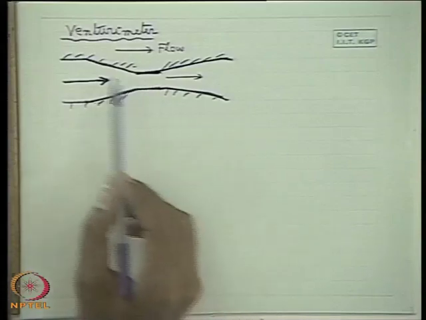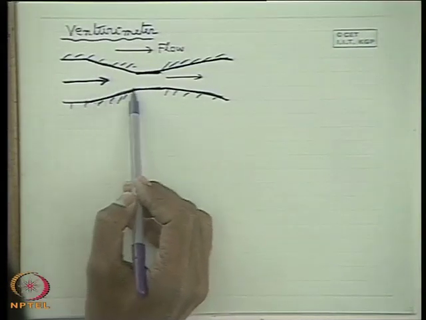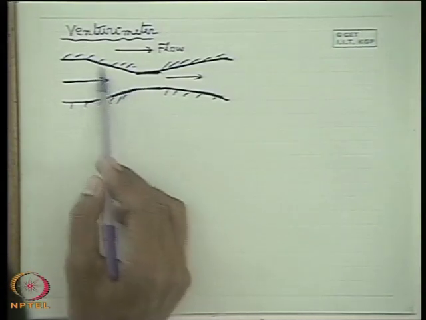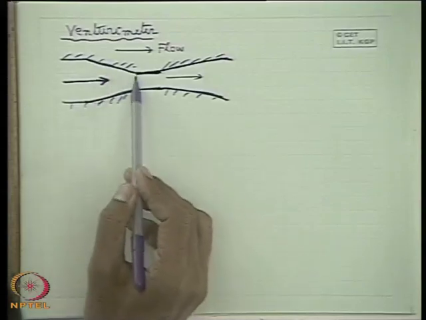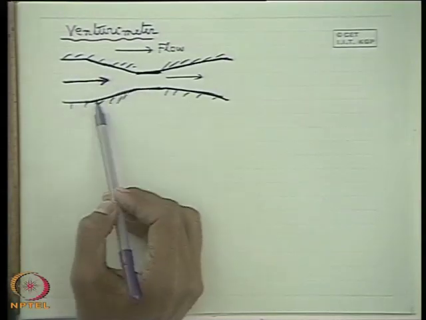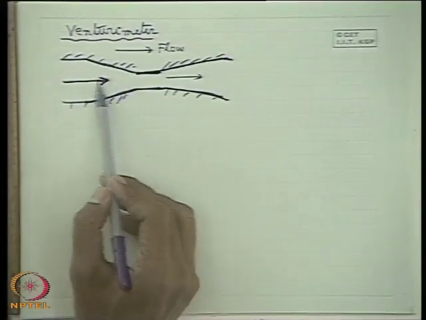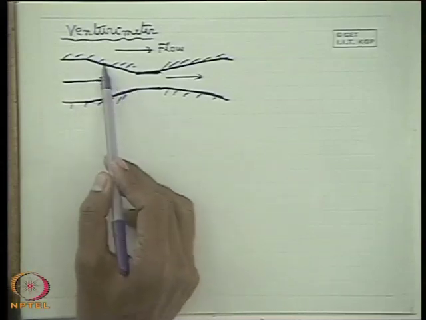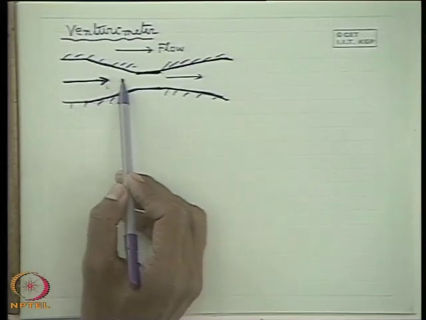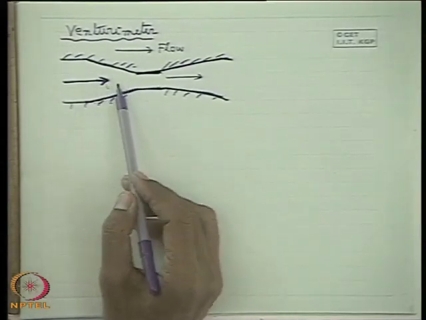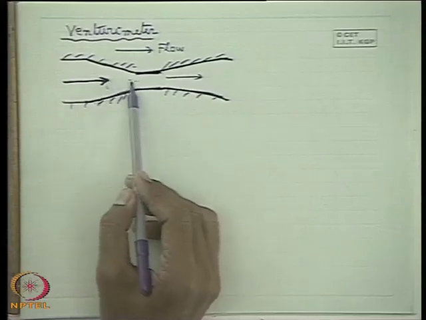This is because when the flow takes place through a convergent duct, whether the angle of convergence is high or low, it is an accelerating flow. Why? The area decreases in the direction of flow, so from continuity, the velocity increases.